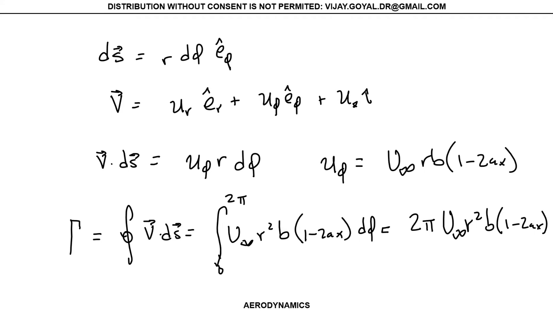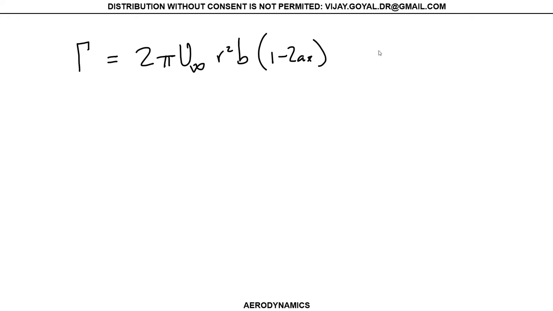So this is gamma. The problem is saying that gamma is equal to 2 pi U infinite r squared b (1 minus 2ax). This is for x bigger than 0.